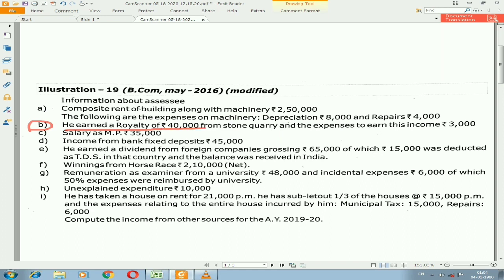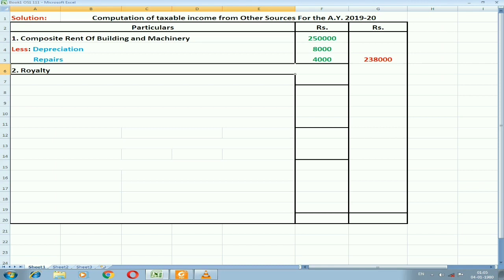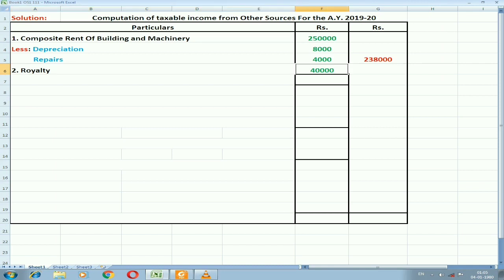So royalty is also considered under other sources. It came through stone quarry. It is not related to any other head of income, so we are supposed to consider it here. And also we have expenditures on that, 3,000. So let us take the income and deduct the expenditure. Royalty is 40,000, expenses on that is rupees 3,000, totally 37,000 in the amount column.